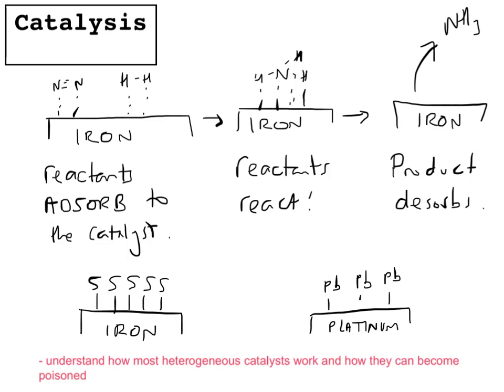So poisons take up active sites or block active sites on the catalyst, which stops reactants being able to adsorb onto those active sites and partake in the reaction to form the products. Now, to stop this from happening, you can ensure that the reaction mixture that you put through the reaction is purified to remove any poisons that may be present. And, well, if the poisons aren't there, then they can't poison the catalyst.